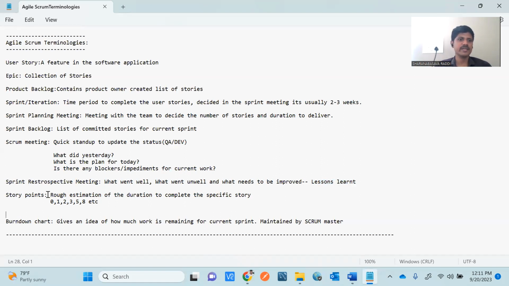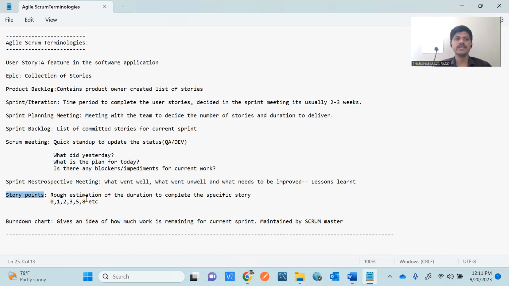Next, story points. Story points are given for each and every story. For example, if I have 3 stories as part of the current sprint, then for each story we need to decide how much time we need to complete both development and testing.